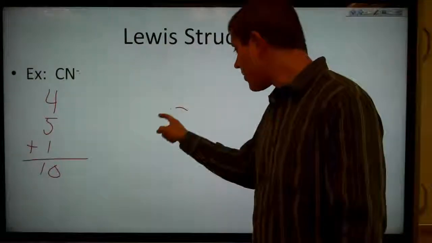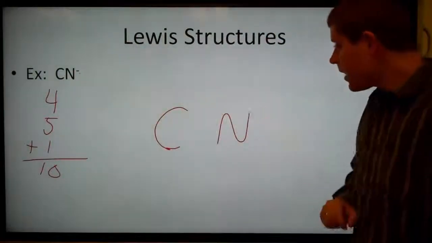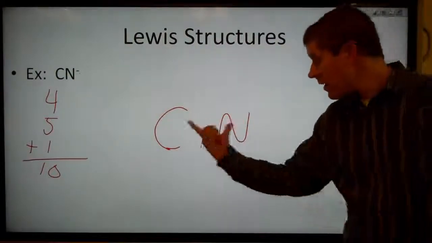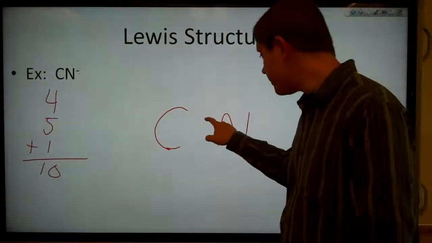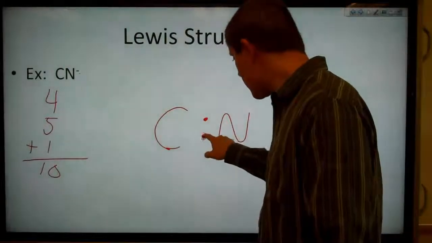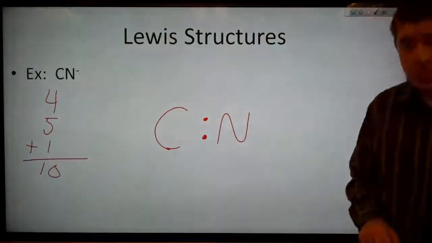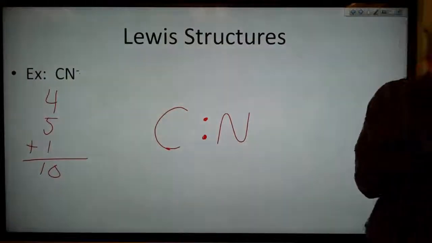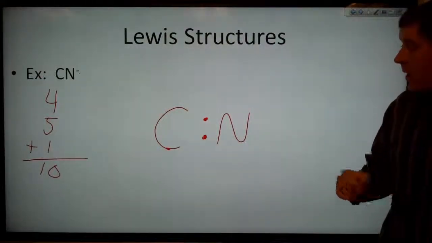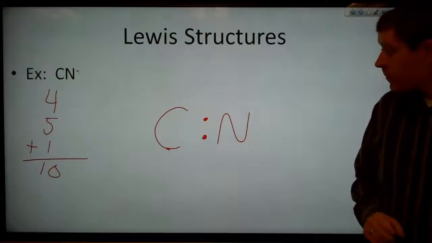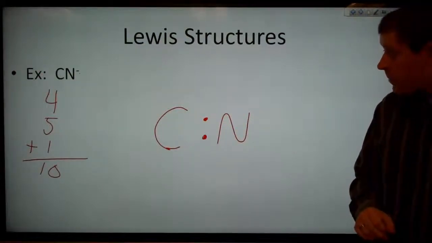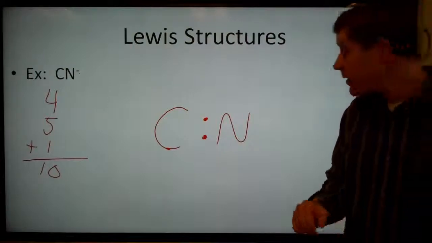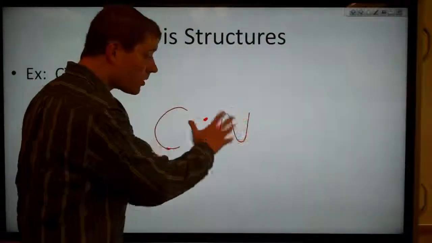So now we want to write our 2 atoms together. We have carbon, we have nitrogen, we want to put 2 electrons in between the 2. So we'll start there. And now we need to add in the remaining 8 of our electrons. So let's start by adding some electrons around the more electronegative element.